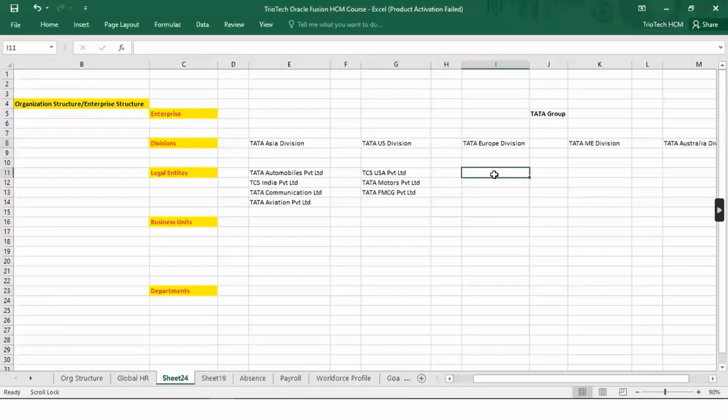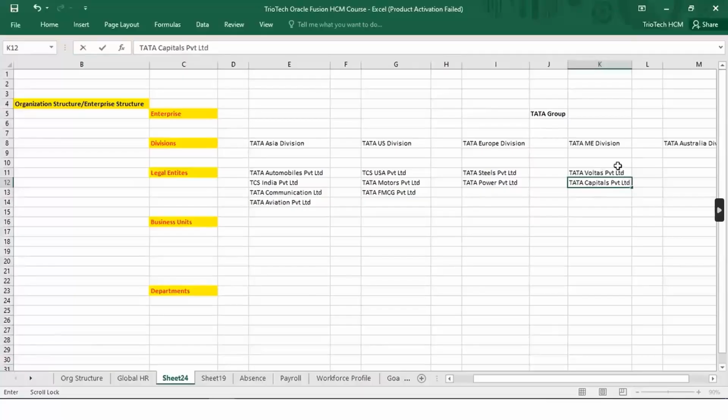Then in Europe division, team, let's say they have legal entities like Tata Steels Private Limited, then Tata Power Private Limited. Let's suppose two companies, they are operating in Europe division. Then if you come to Middle East, they have something like, team, Tata Voltas Private Limited, and let's say Tata Capitals Private Limited, team.